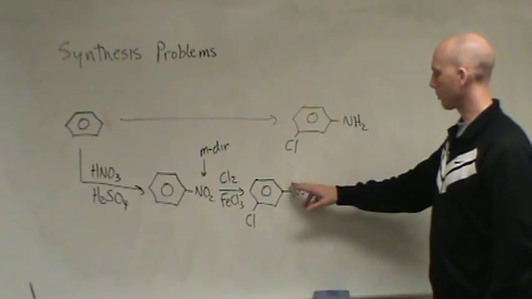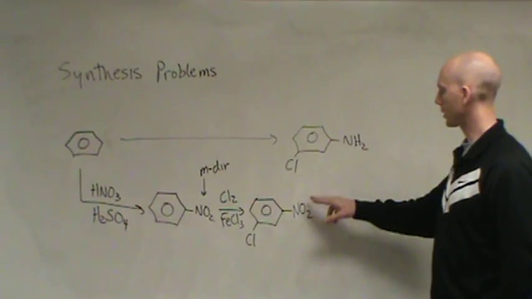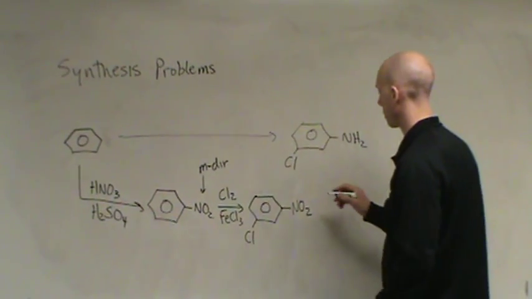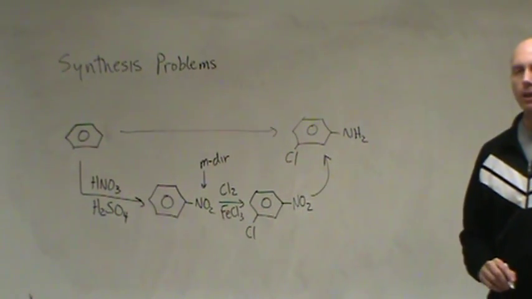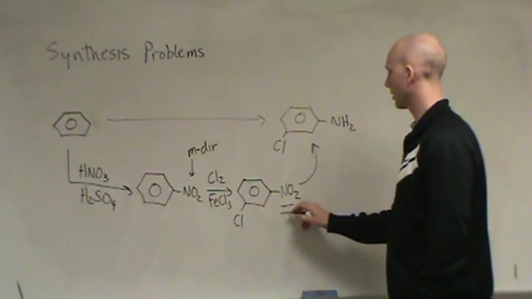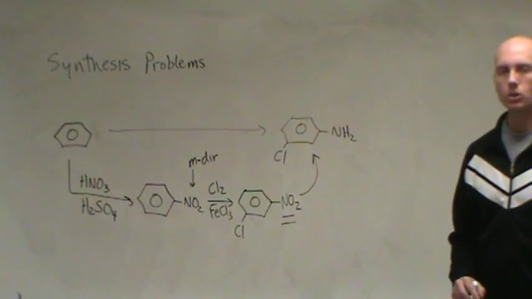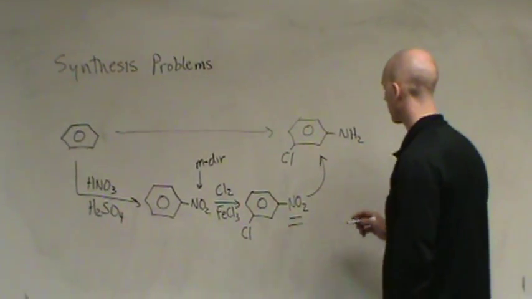Now, in the last step, I want to convert the nitro group to the NH2. Okay, so remember how we do that? We do the Clemmensen reduction.